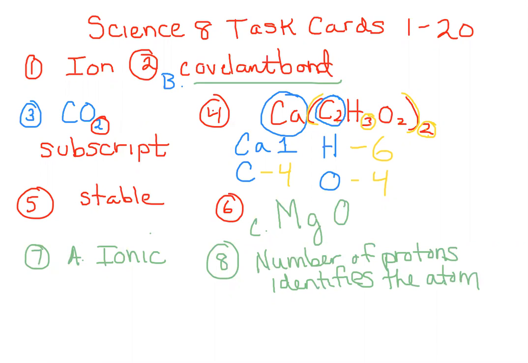Every calcium atom has the same number of protons, but the electrons can differ. But the protons all have to be the same. If you change the number of protons, then it will change into some other type of element. It wouldn't be a calcium atom anymore. So that's why those can be.